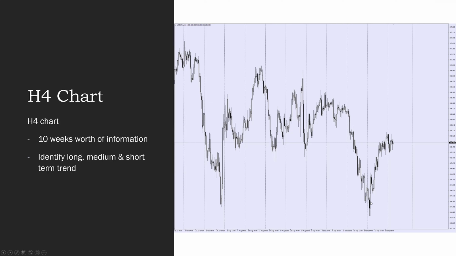In the longer term, it's actually been coming down. In the extra long term, it's been going down over a very long period of time, since July. So that's H4 on a 10-week chart.